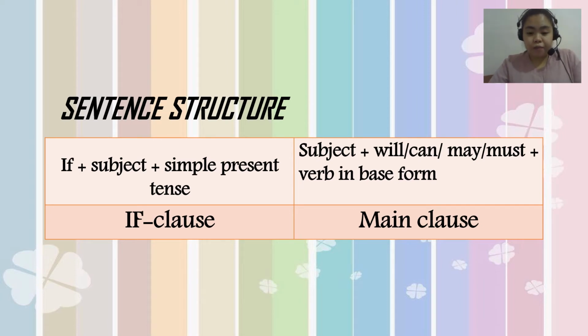While in writing the main clause, we have subject plus will, can, may, or must. Those are modal verbs that indicate that the sentence is in the future tense, plus a verb in the base form. When we say base form, the verb does not end with s, ed, or d.